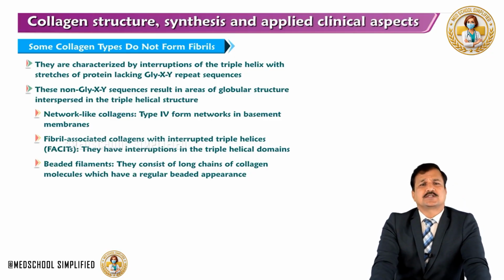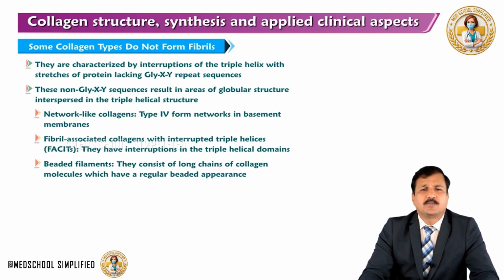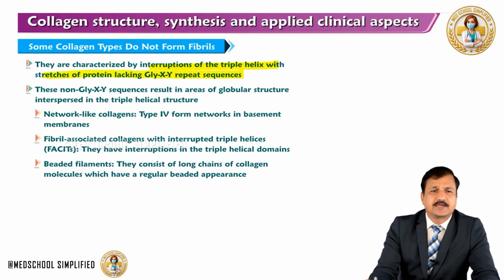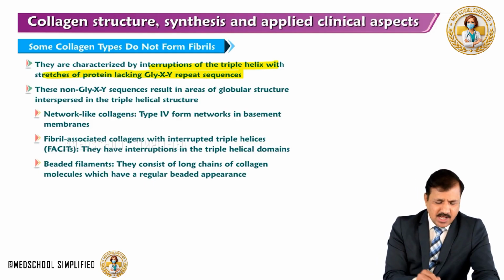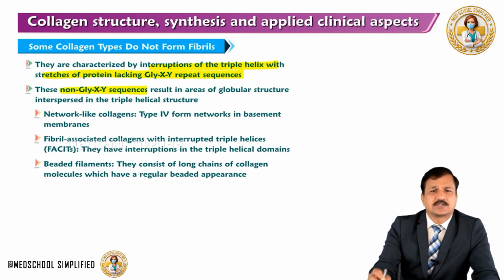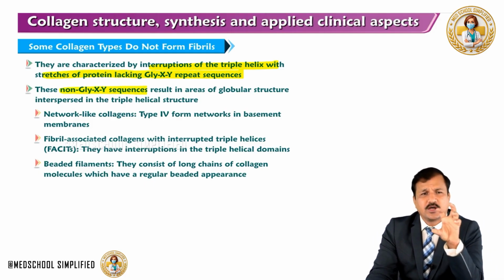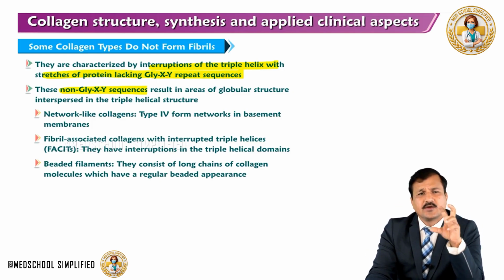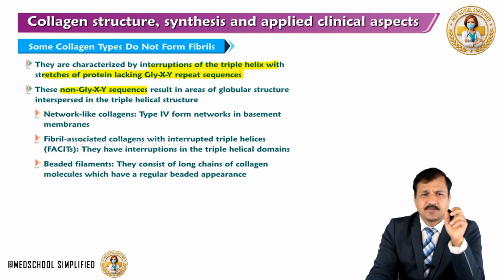Now, some collagens do not form fibrils, so they are characterized by interruptions of the triple helix with stretches of protein lacking the glycine-X-Y repeat sequence. These non-glycine X-Y sequences result in areas of globular structure instead of alpha helical structure, which are interspersed in the triple helical structure.